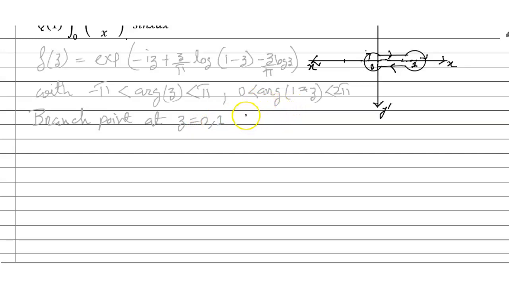Take a branch cut 0, 1, this closed interval.